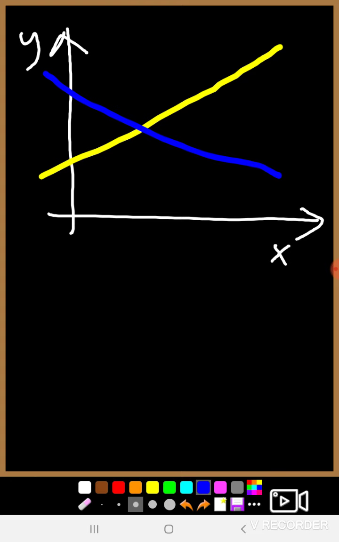In the first example, we say the line is, let's say, increasing. And the other line is decreasing.